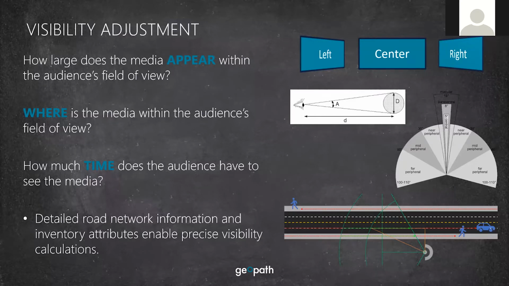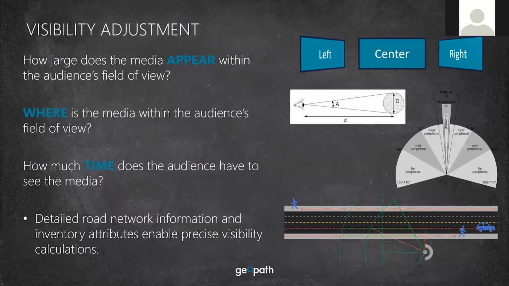But not only how large it appears, but also where within the audience's field of view it is located. If it's right in the central vision, obviously more likely to be seen. If it's off to the right or the left as it approaches far peripheral, less likely to be seen. So those are some of the things that come into play there. And then also dwell time.